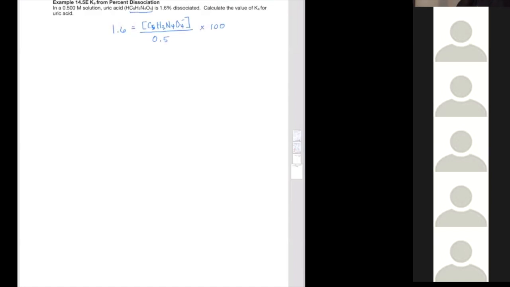So this is a percent. Now in this case, you could pick either H plus or the uric acid ion here because they're going to be equal. They're both going to be X. So when you do this, you get 8 times 10 to the negative third molarity.